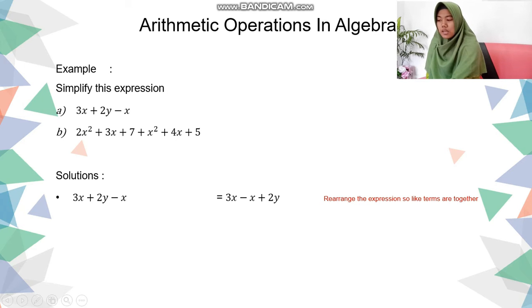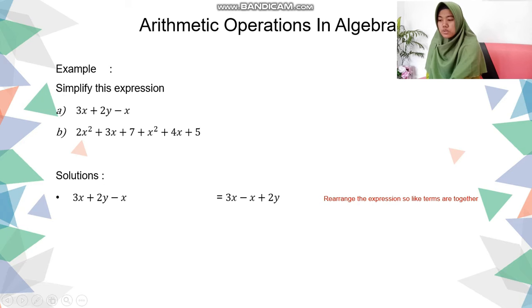In this expression, the like terms are 3x and minus x. Then we rearrange the expression so like terms are together.